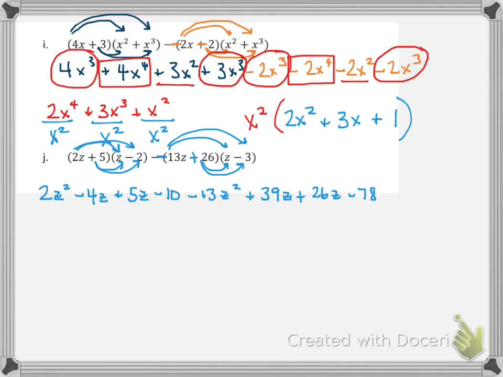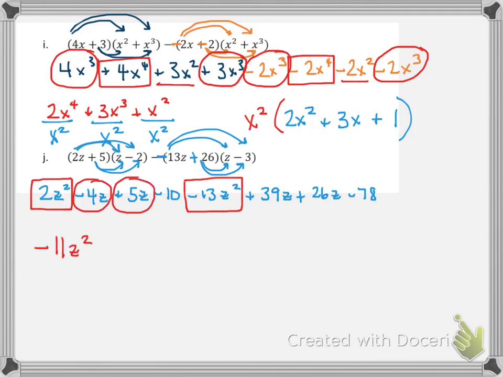Okay, now we can combine like terms. And let's see, looks like squareds are the biggest degree I have. So 2z squared and a negative 13z squared, well, that's going to be a negative 11z squared. Okay, and then I look for z's. I see a negative 4z and a positive 5z.